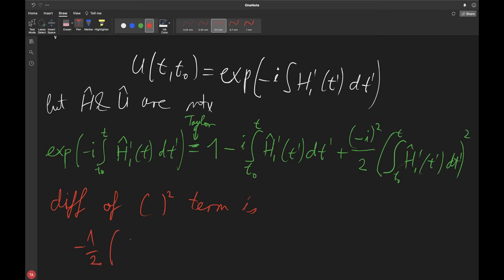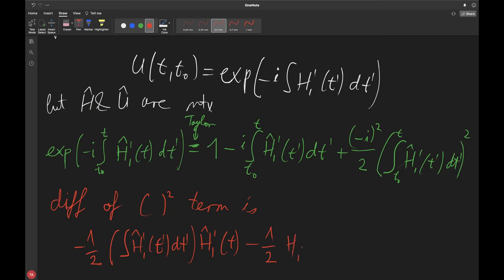of the integral of H_I prime hat at t prime dt prime, and then we have the interaction picture, interacting part of the Hamiltonian at time t, minus 1/2 the other part.